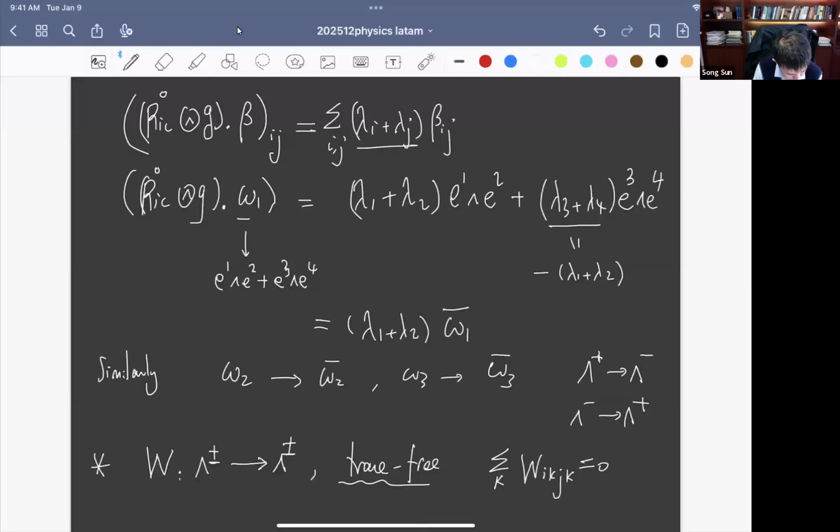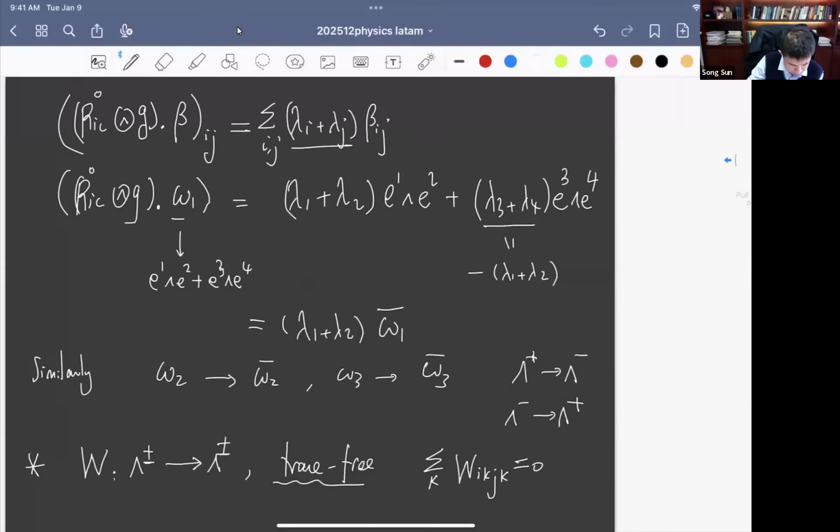Let's do this. It's not very complicated. For example, we want to say that W maps lambda plus to lambda plus. But lambda plus and lambda minus are orthogonal.